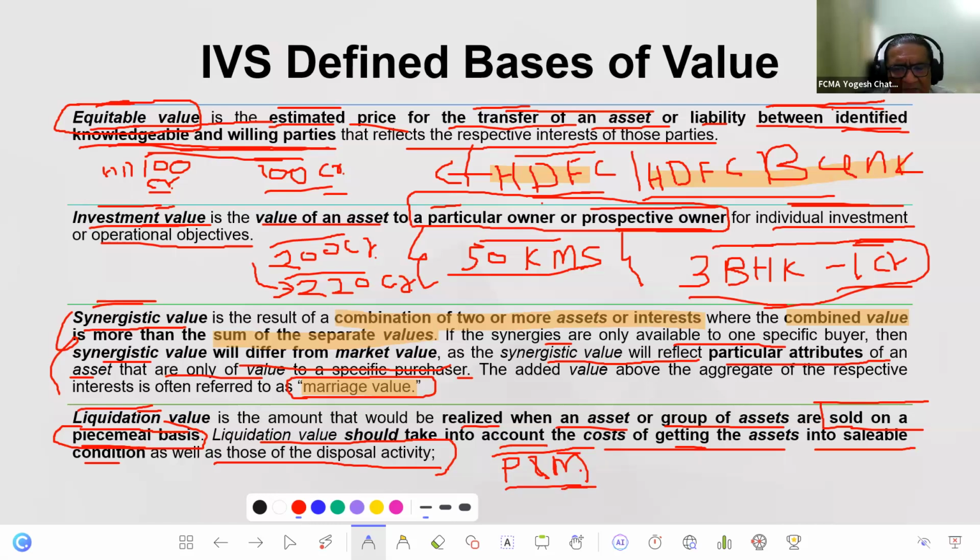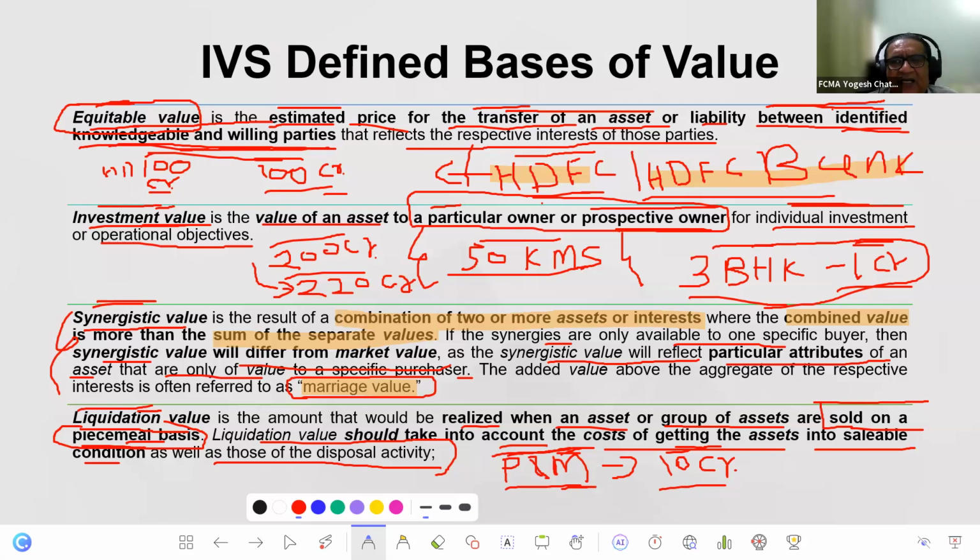That is an example of a piecemeal basis. And here this plant and machinery will need, supposing, a cost of 10 crore to bring that machinery to its operating condition before transfer to the buyer of that machine. That will require decommissioning of the plant and machinery.